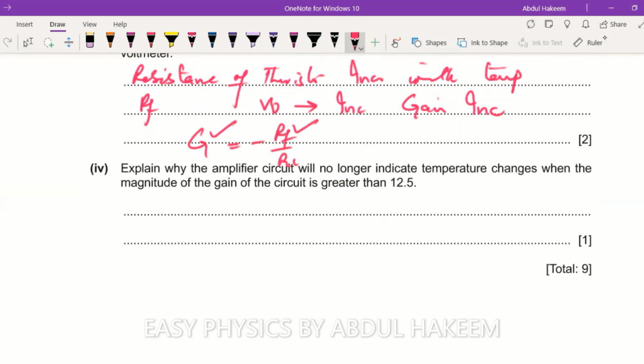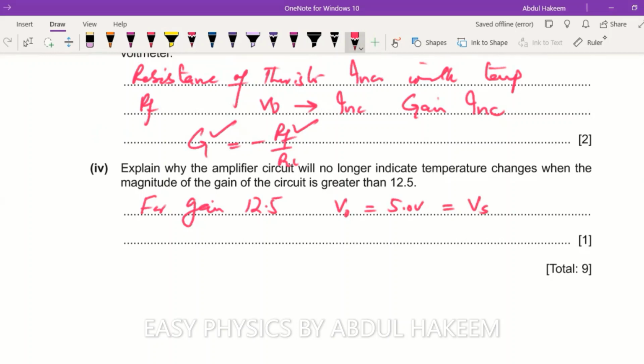Next is explain why the amplifier circuit will no longer indicate temperature changes when the magnitude of the gain of the circuit is greater than 12.5. So for gain 12.5, the output is maximum 5.0, which is equal to the supply voltage.